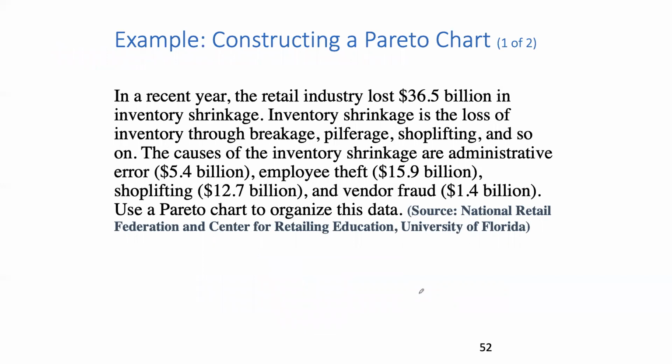So, for instance, suppose you're given this data set. We don't know the underlying data set, but this is the information that you're given. You want to understand what loss in the retail industry looks like.